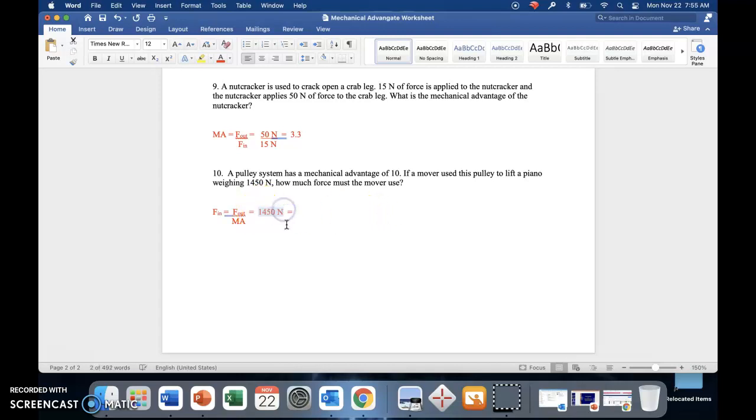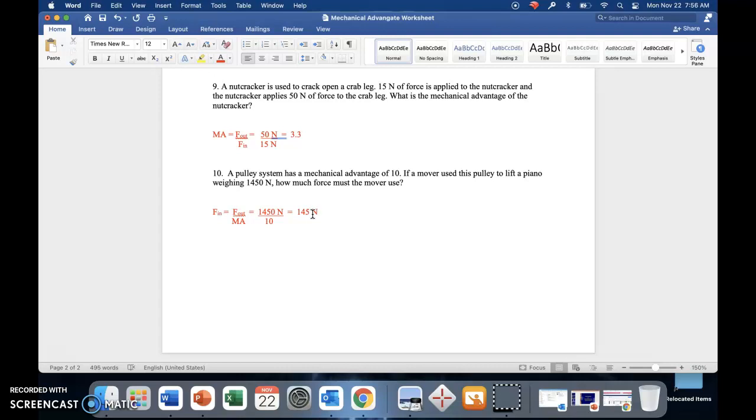And the pulley that we set up has a mechanical advantage of 10. That's quite a pulley system if it has a mechanical advantage of 10. And if we take that, we are going to get 145 newtons. So you would have to pull on the rope with a force of 145 newtons.